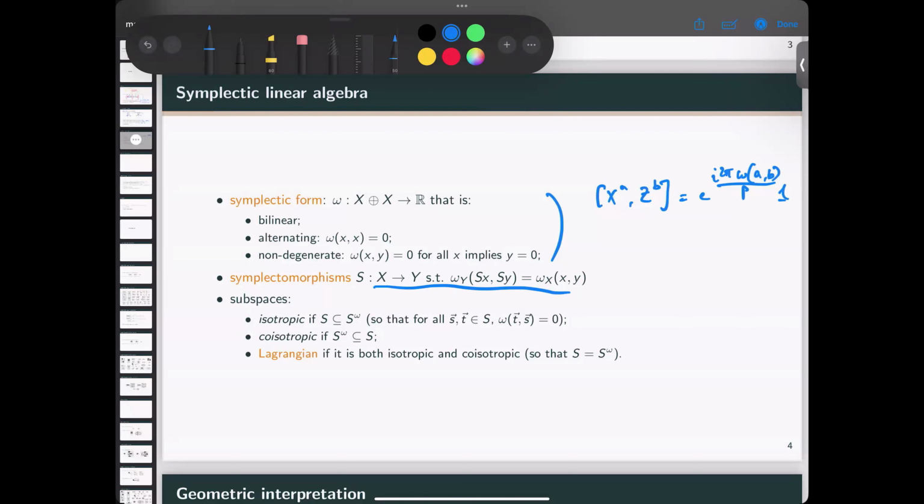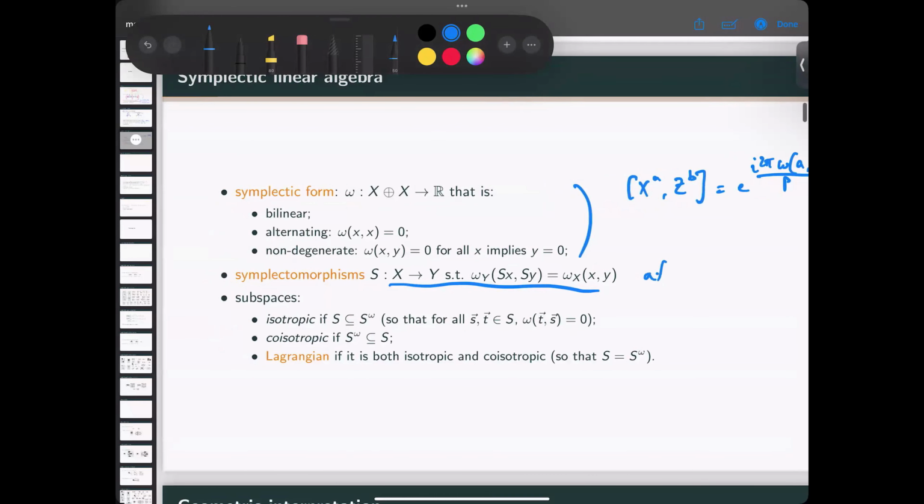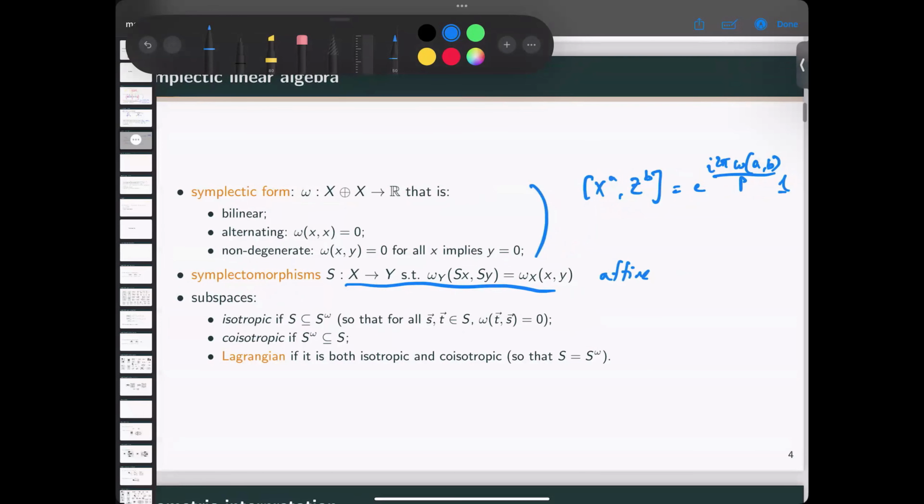And then we can play the same game as in the linear case, where we can have affine symplectomorphisms, which are not really saying much more than in the affine case. That is, an affine symplectomorphism is just a symplectomorphism plus a translation, which doesn't have to verify any further properties.